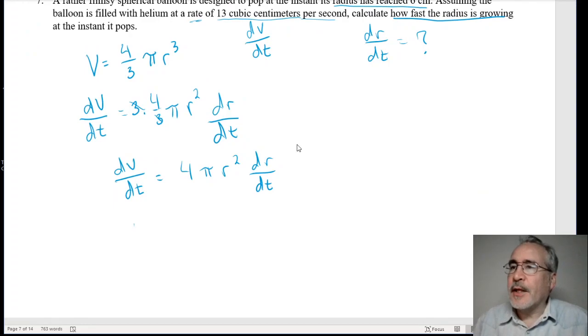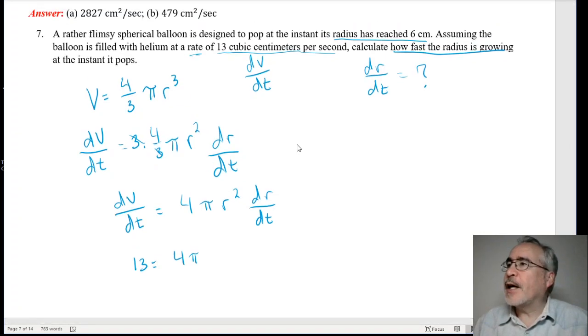So this is going to be 13 on this side. We've got 4 pi, and we're told that it will pop when it reaches 6 centimeters, and that's the instant we want to know how fast it was changing. Of course, I don't know why, because it's not going to change anymore, right? But we're going to plug in the 6 here.